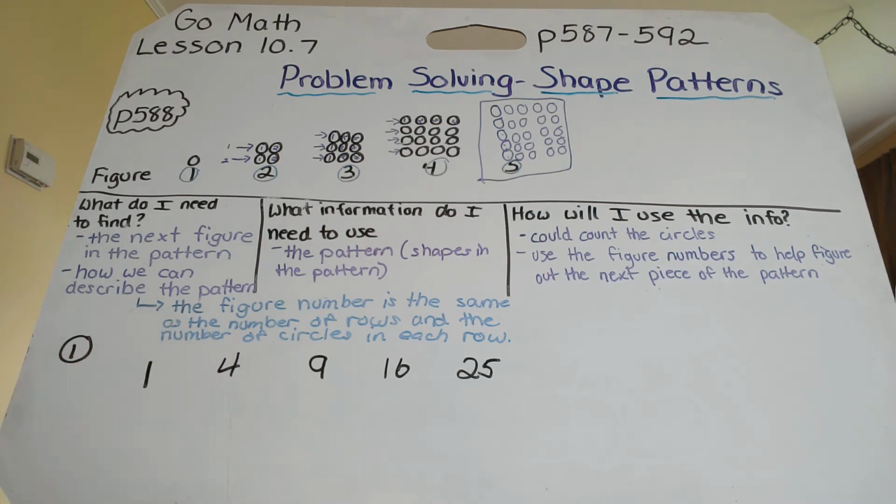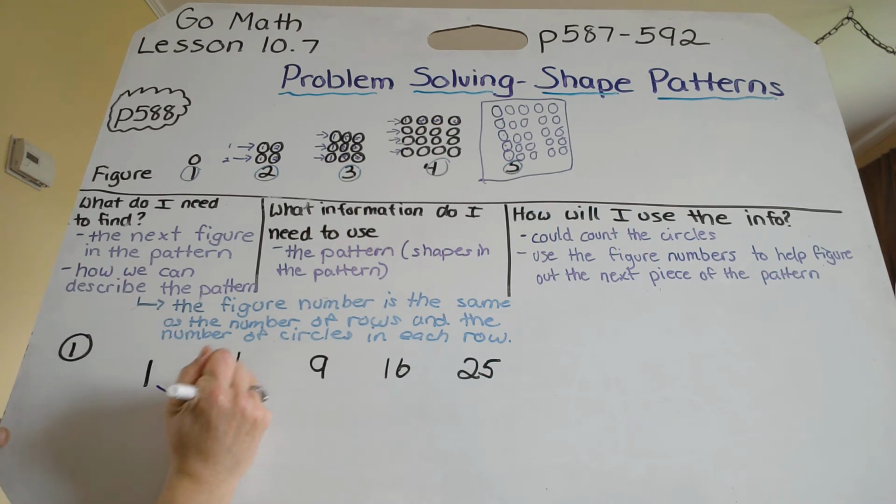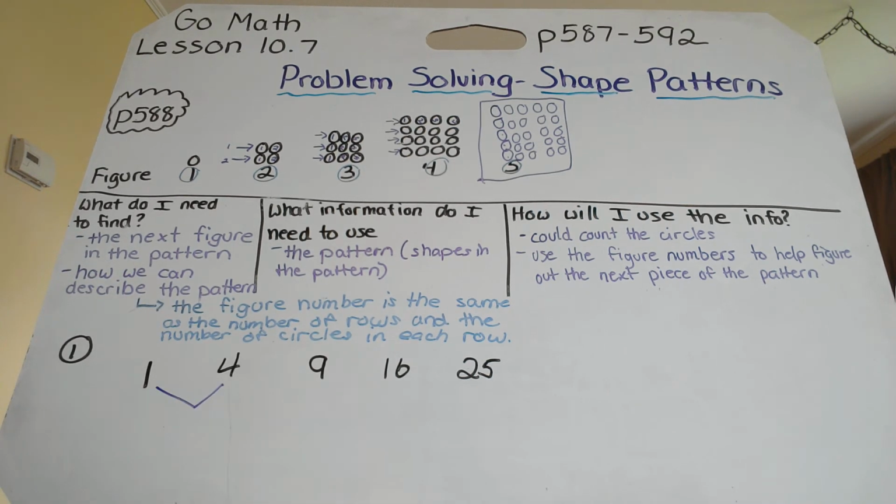All right, so how can we get from 1 to 4? And I know some of you are like, oh, 1 times 4 is 4. And you're absolutely right. But most patterns have the same rule between the numbers. So if we were saying 1 times 4 is 4, that means my rule would be multiply by 4.